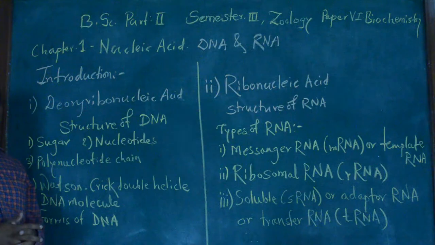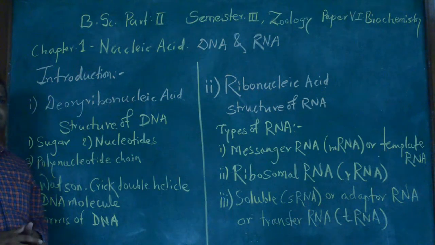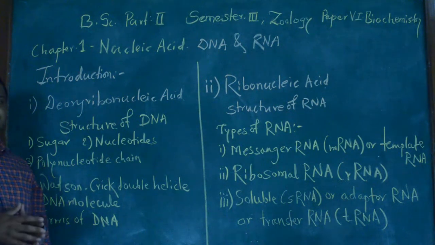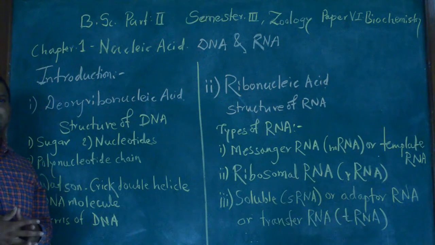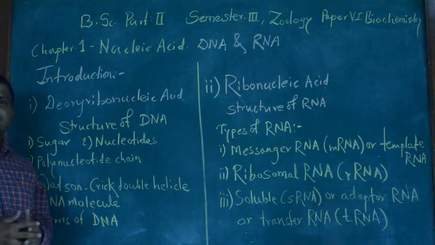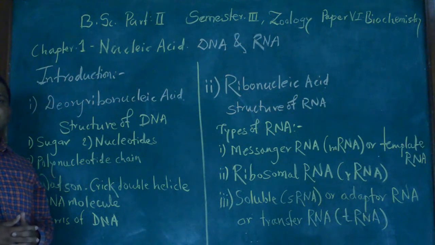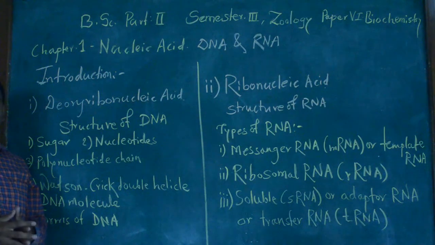Here we will study the A form of DNA, the B form of DNA, and the Z form of DNA. The B form of DNA is highly stable, and is present according to the moisture level or humidity of our cells. The A form of DNA is right-handed conformation oriented DNA, and the B form of DNA is also right-handed helical.